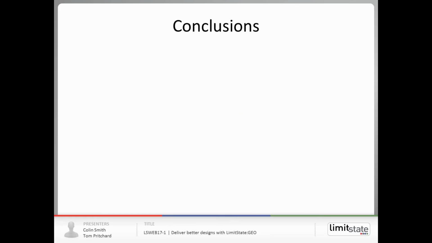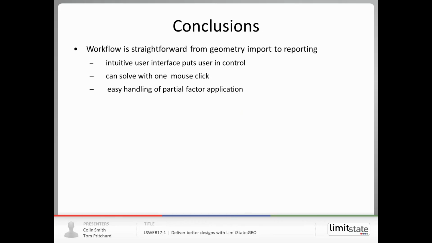So to wrap up, I hope you've seen that the workflow with this software is very straightforward, from geometry import to reporting. Actually, I neglected to show that reporting. We'll come back to that later if we have time. I hope you found the user interface very intuitive; it puts you in control. You can solve with one mouse click, and it's very easy to handle partial factors.